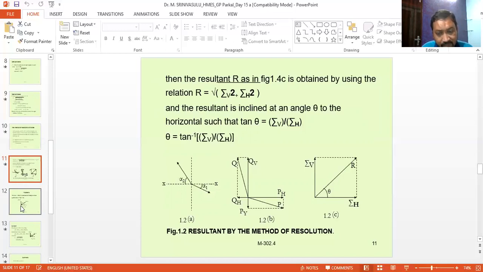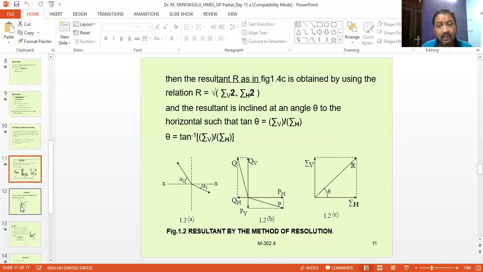Once again, if the force acts along the x-axis towards the right, in the positive x direction, it is a positive value. And if the horizontal force acts along the x-axis in the leftward direction, that is the negative x direction, it is taken as negative.